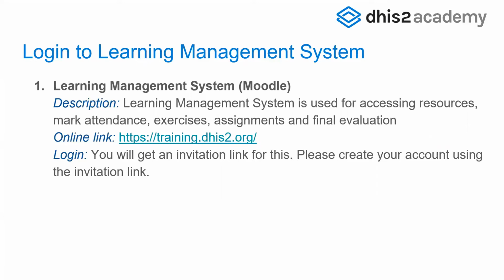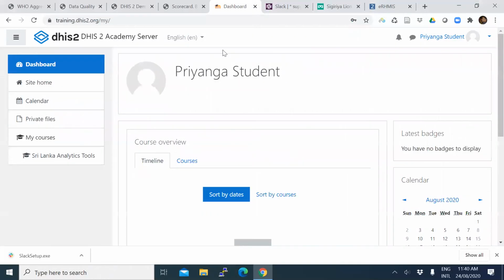So that is about the learning management system. I will just show you. This is the screen you can see once you log in. Some of you may have got an email by now to register to the LMS, but some may not.